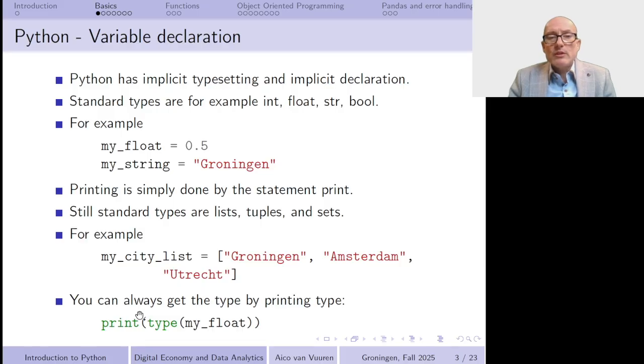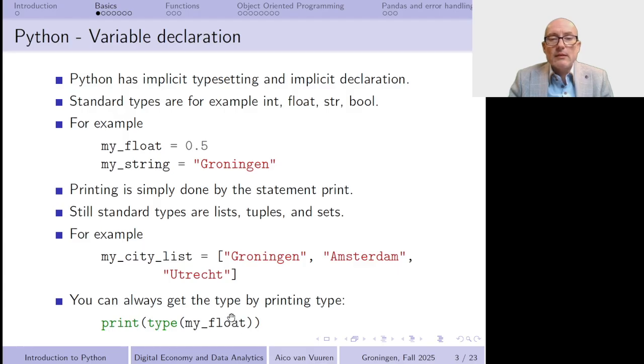Now we sometimes would like to know the type of a particular variable. Of course, we might know already that myFloat has a type of float, but sometimes that is not that clear. We can always find out the type of a particular variable by simply printing and then using this function type that we have over here and then simply using our variable.